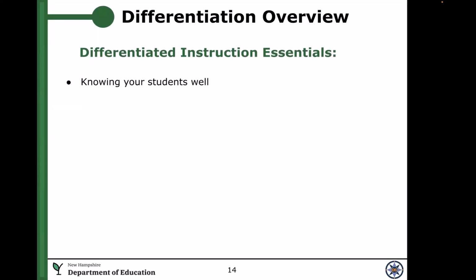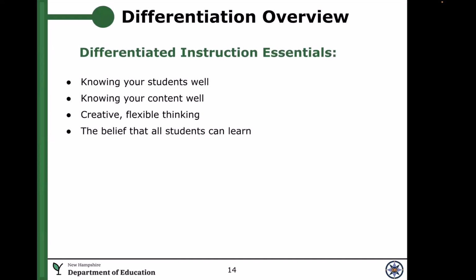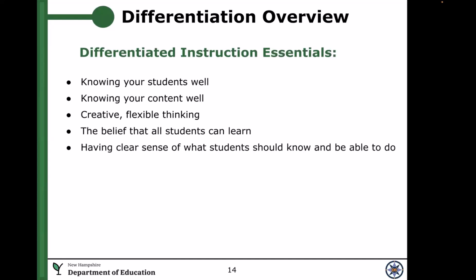So here's some essentials. We obviously need to know our students well. We need to know our content well. We need to be creative and flexible in our thinking. We have to have the belief that all students can learn. That's a do not pass go. We have to believe that all students can learn, and we need to have a clear sense of what we want them to be able to do.